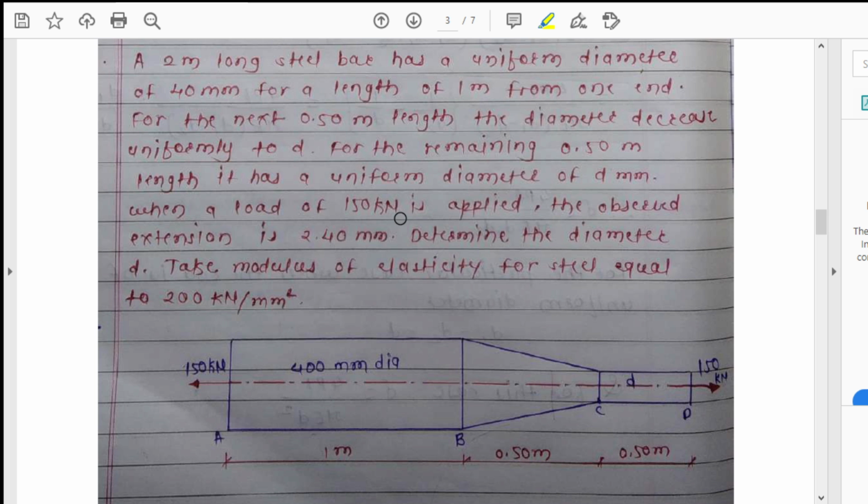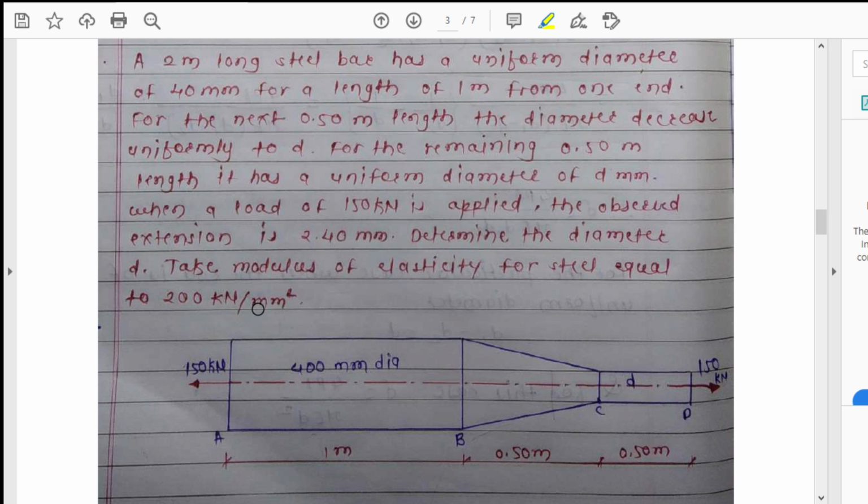When a load of 150 kilonewtons is applied, the observed extension is 2.40 mm. Determine the diameter d. Take modulus of elasticity for steel equal to 200 kilonewtons per mm square.